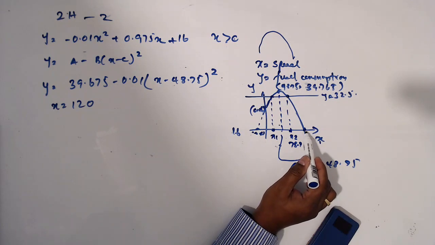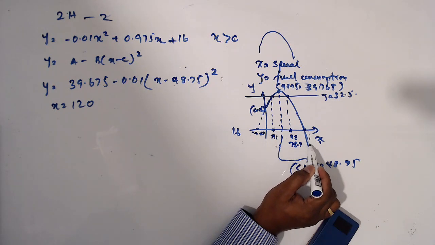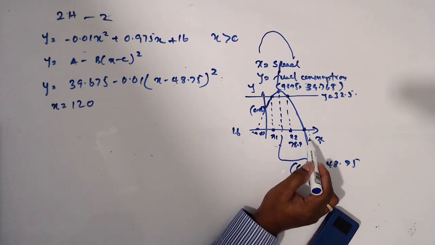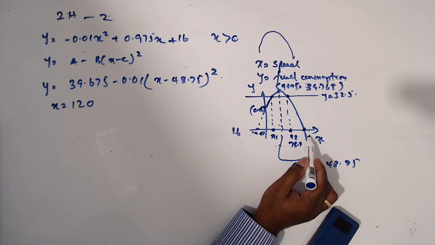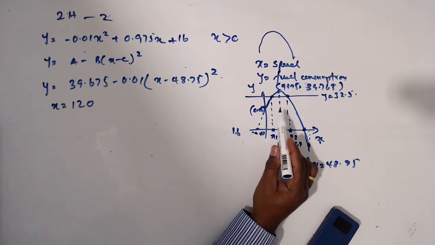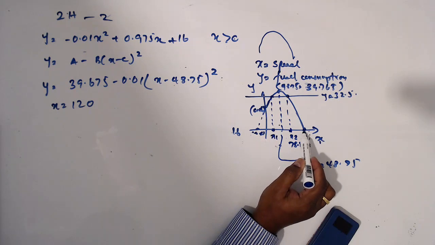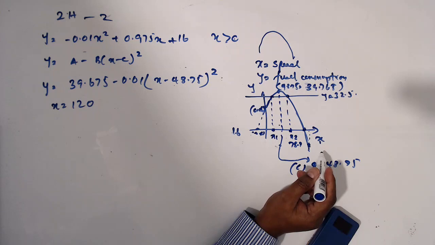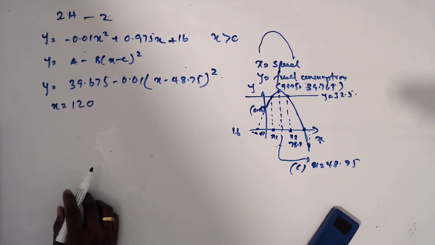We can clearly say that after this speed, the fuel consumption is going to be negative. So it is not right, because fuel consumption can't be negative. So the model is not valid beyond that x value. They are asking specifically about x equals 120.